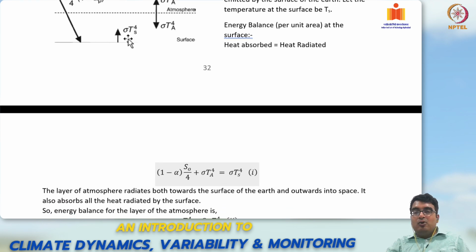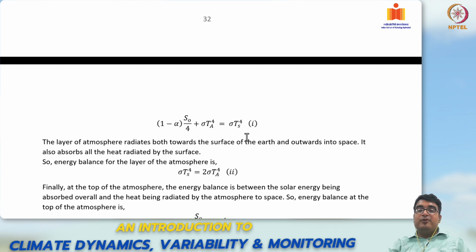And this should be equal to sigma Ts to the power 4, the radiation emitted by the surface towards the atmosphere. Okay. So, we immediately see from this relation that Ts will be greater than Ta because this extra term from the solar radiation is coming.